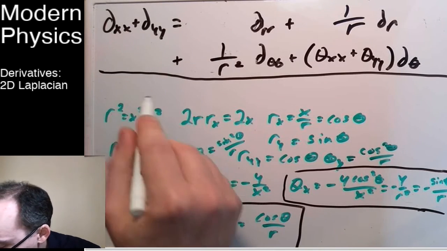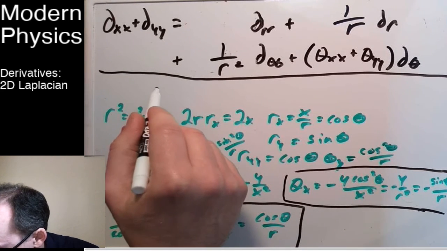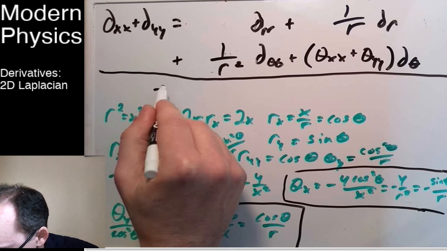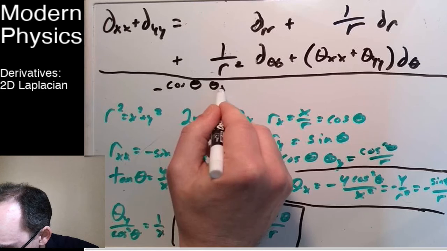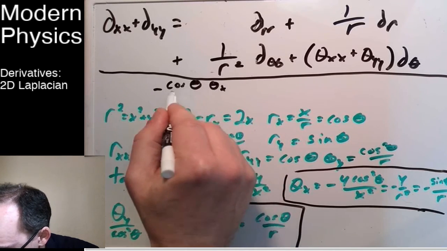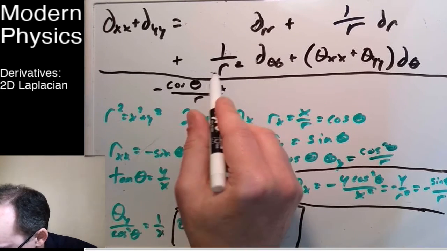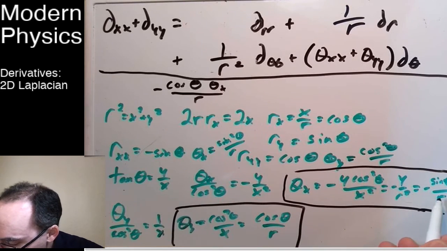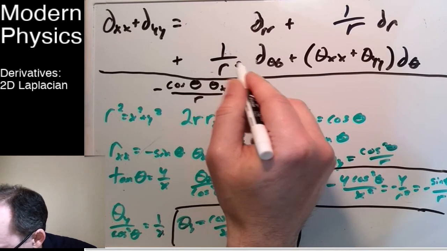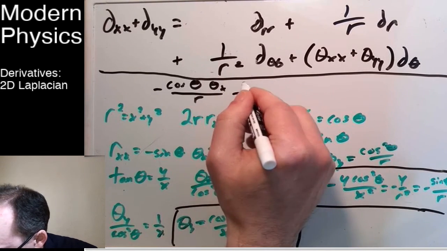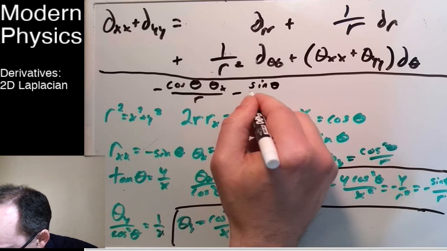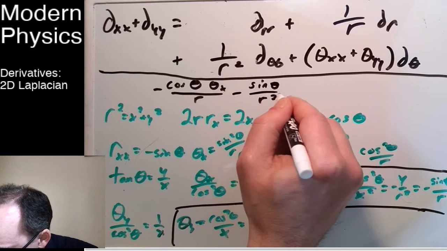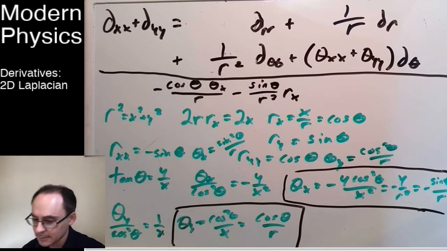If I take the derivative of the top part, sine theta, then I get minus cosine theta times theta x over r is one term. And then I've also got the thing on the bottom, so that r to the minus 1, so that becomes minus the sine, leaving the sine theta alone, over r squared, and then I have derivative of r with respect to x.